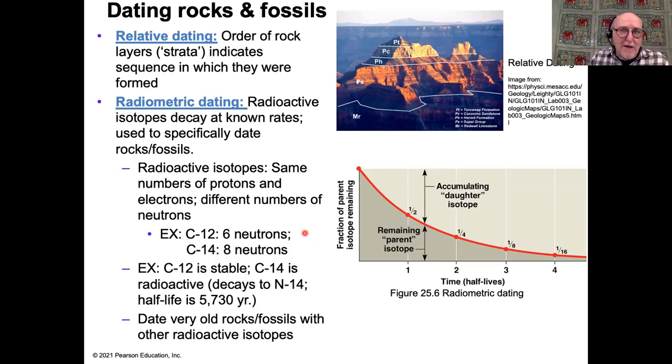The one that most people have heard about, and which is illustrative of some of the principles, is carbon-14. Now, normally, most carbon, the carbon in our bones and everything, is carbon-12. And that's stable. It doesn't break down at all. Carbon-14 is continuously formed.